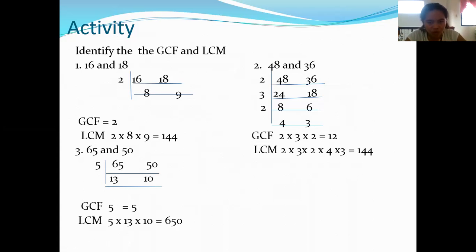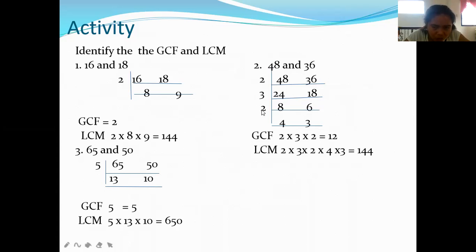Okay, next, number 2. 48 and 36. 48 and 36 can be divided by 2. So 48 divided by 2 is 24. 36 divided by 2 is 18. Then they are divisible by 3. 24 divided by 3 is 8, and 18 divided by 3 is 6. Then 8 and 6 are divisible by 2 again.